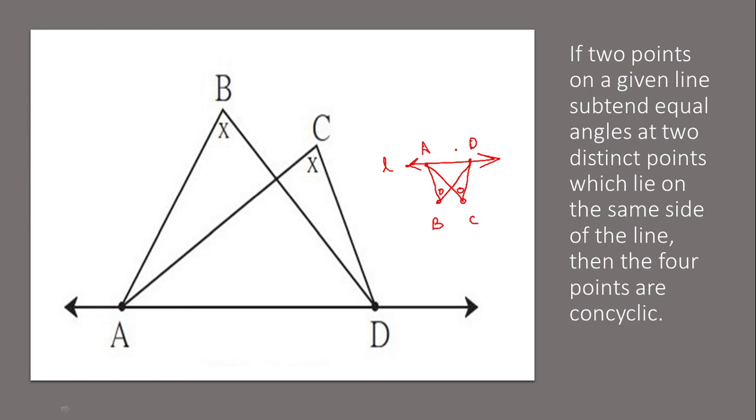Here you have to check, firstly, that the 2 points are on the same side of the line, either above or below or to the left or to the right. Then, if these two angles are the same, the 4 points are concyclic. So whenever you get a question of proving 4 points to be concyclic, you have to use this property.